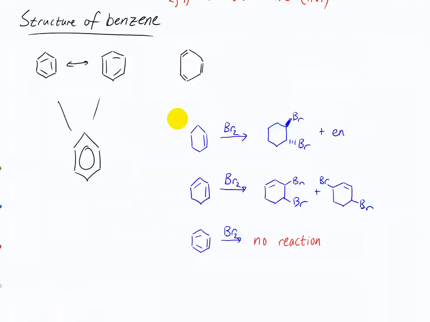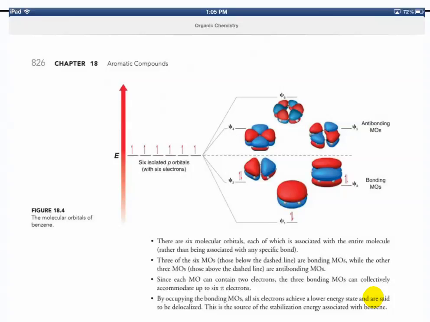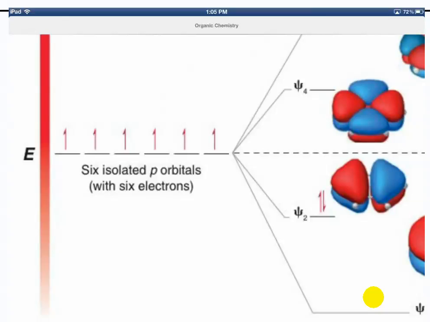It actually comes from the molecular orbital theory. Aren't you excited that we're going back to that? So let's look at the molecular orbitals of benzene. We're not gonna totally derive them. I'll just show you the picture. All right. So here are 6.